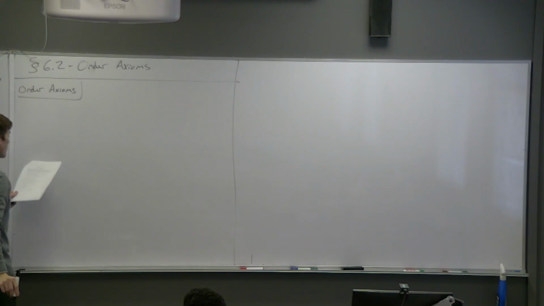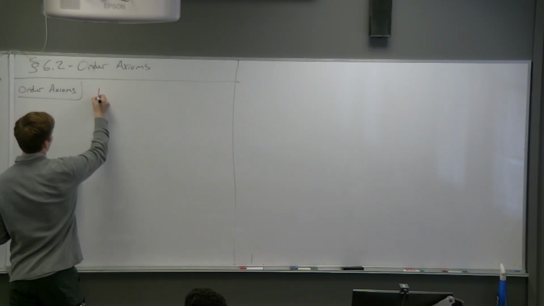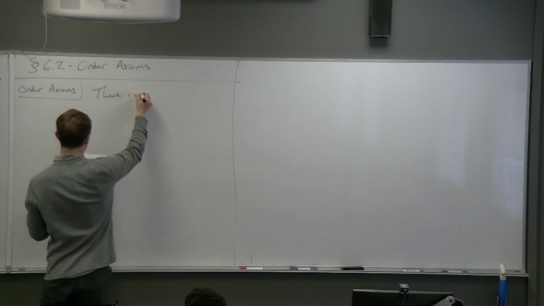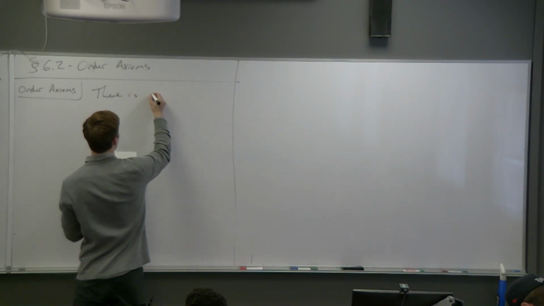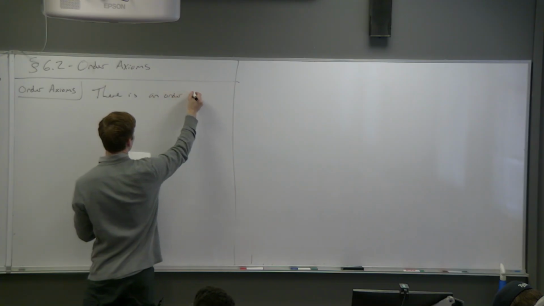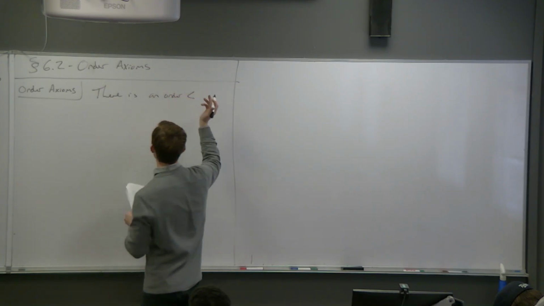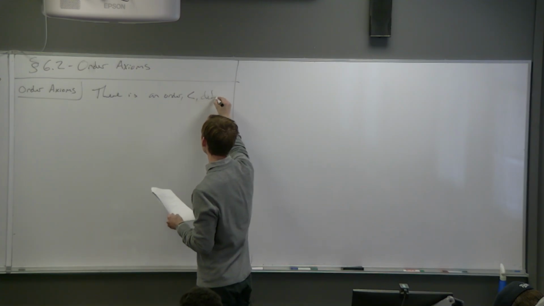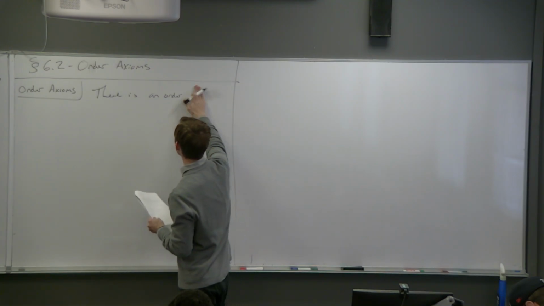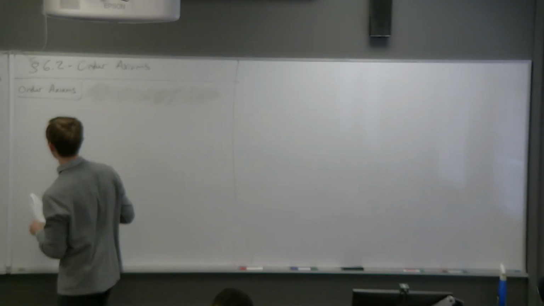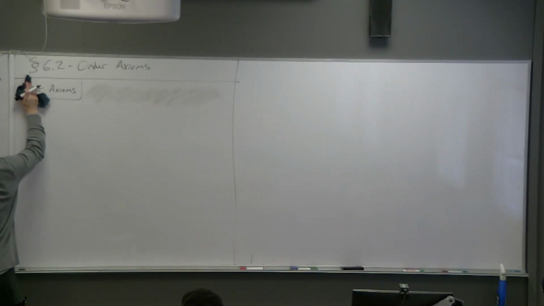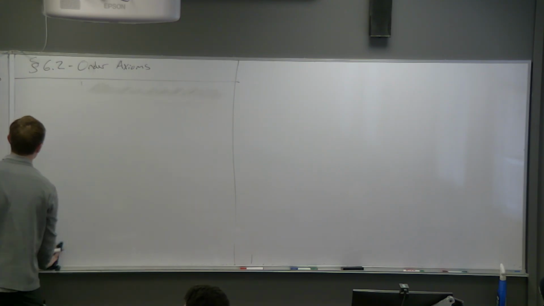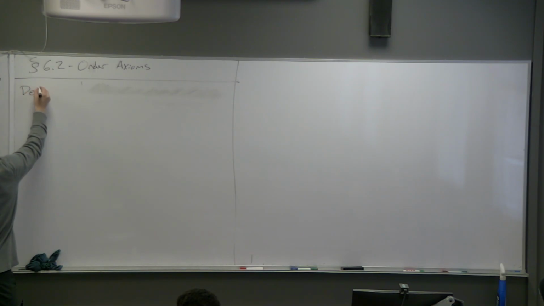Here's what we're going to set up. There is an order. We'll write it as less than. I'll present it slightly differently than it's in your packet. Instead of writing them as a set of axioms, I'll write a definition.